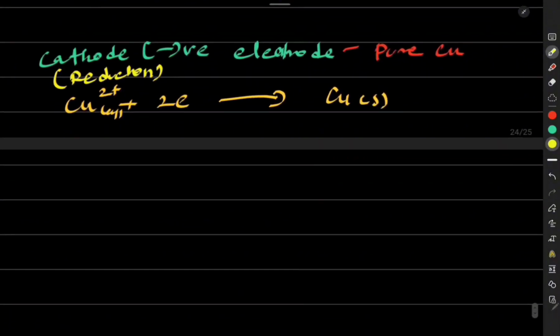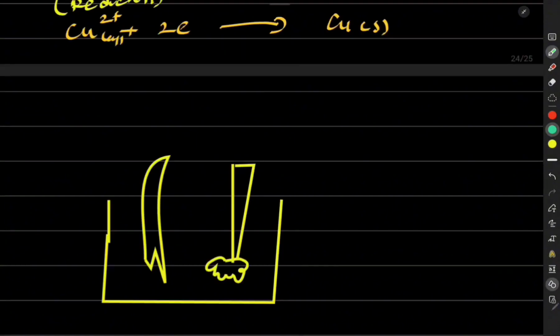Now let's look at the experimental setup of electrolysis of copper sulfate using copper electrodes. This is the experimental setup, and these are dipped in CuSO4 aqueous.